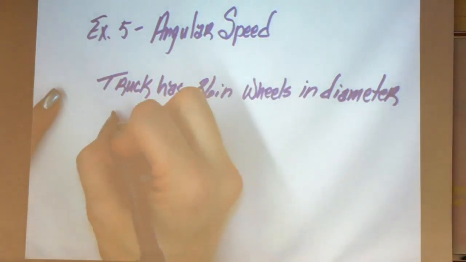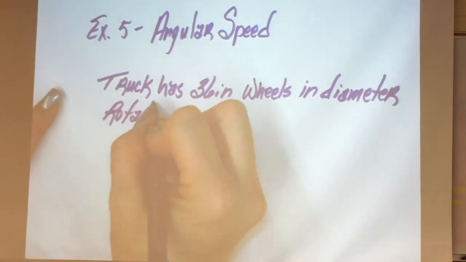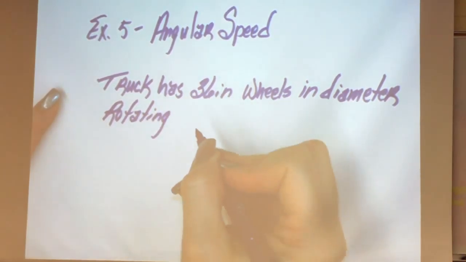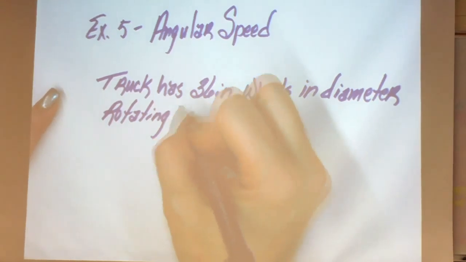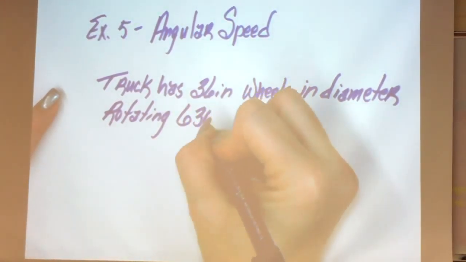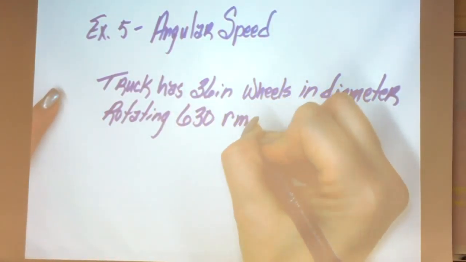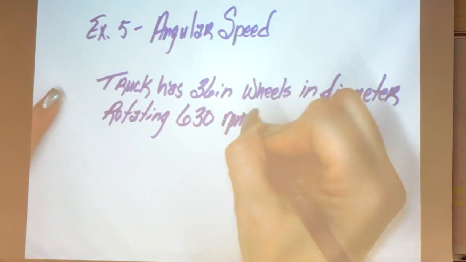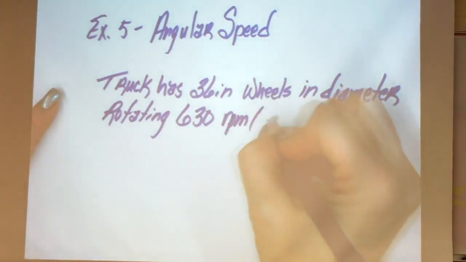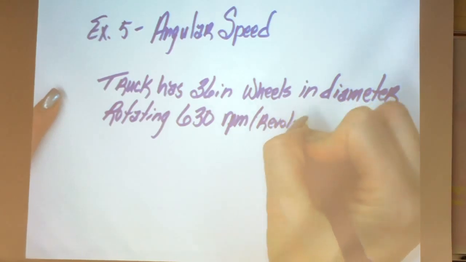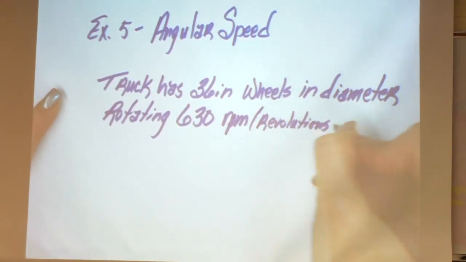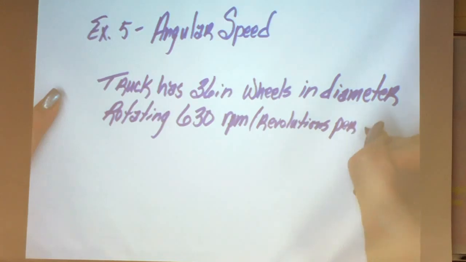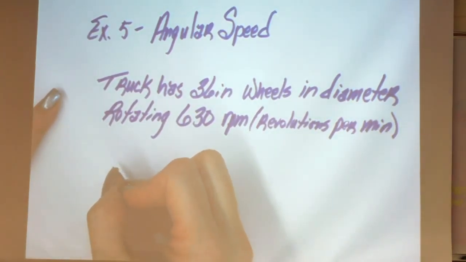And it's rotating at 630 revolutions per minute. So we're going to do RPM, revolutions per minute. And it wants to know what the speed is in miles per hour.